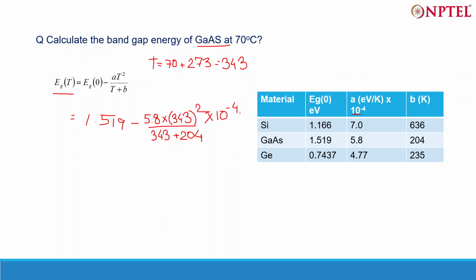Now you take the calculator. It will be 1.519 minus 5.8 into 10 to the power minus 4 into 343 whole square divided upon 343 plus 204.